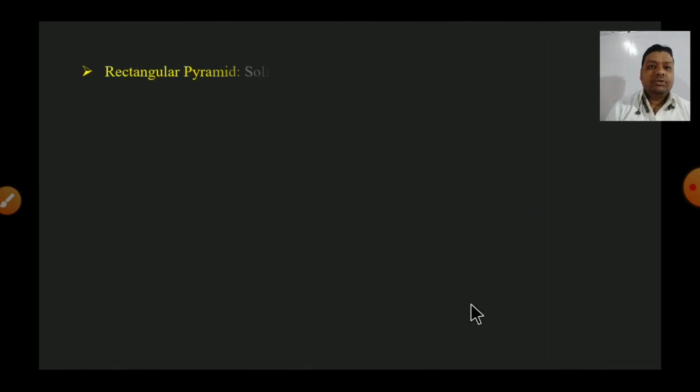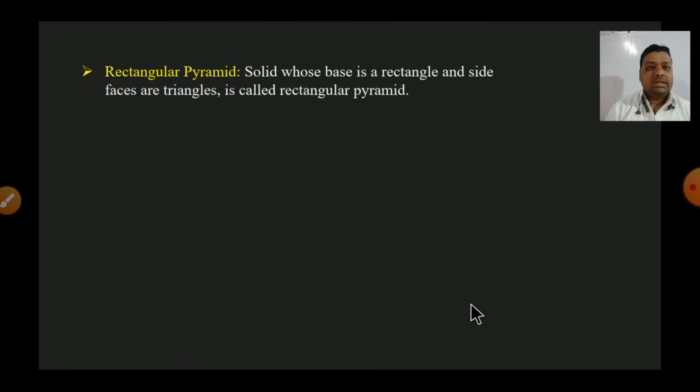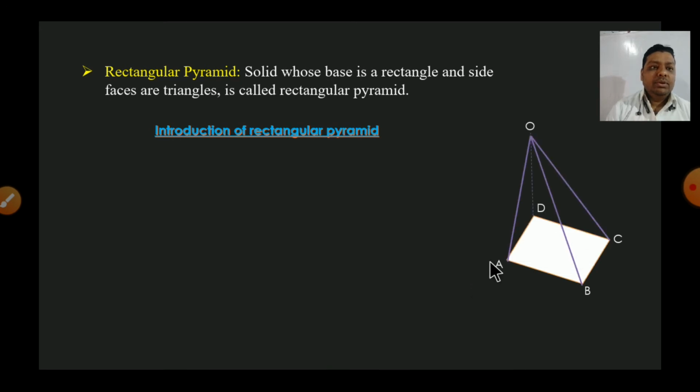The next figure is the rectangular pyramid. A solid whose base is a rectangle and side faces are triangles is called a rectangular pyramid. A rectangular pyramid looks like a square pyramid. You can see in this figure the rectangular base ABCD, and these are the sides.